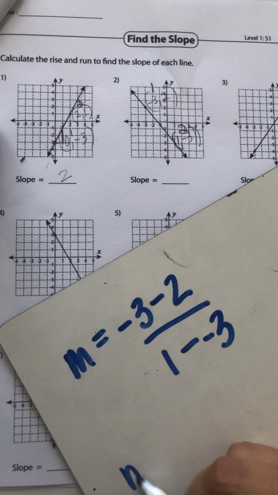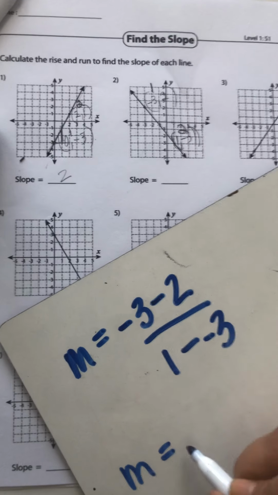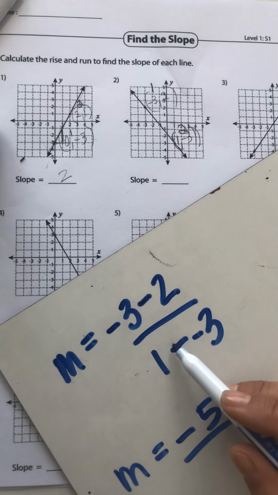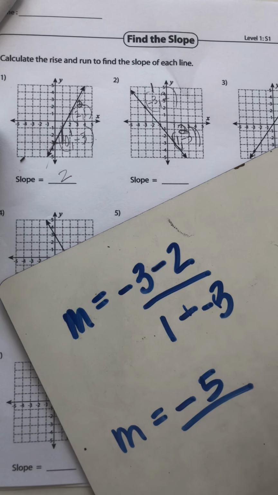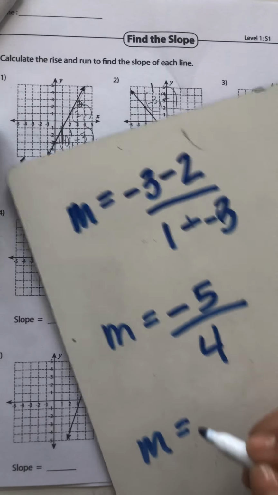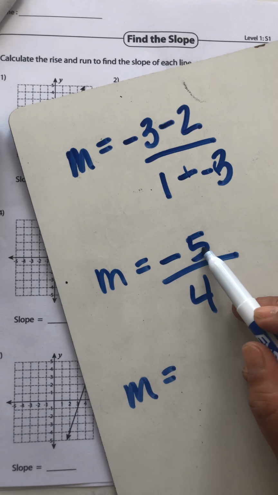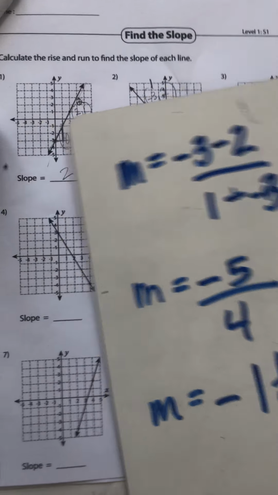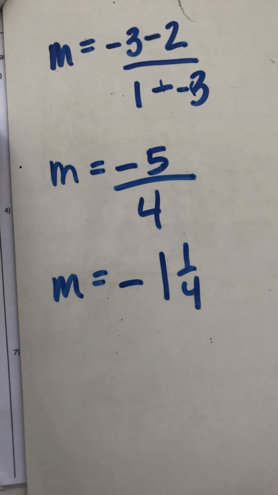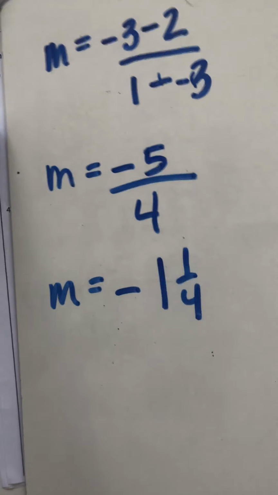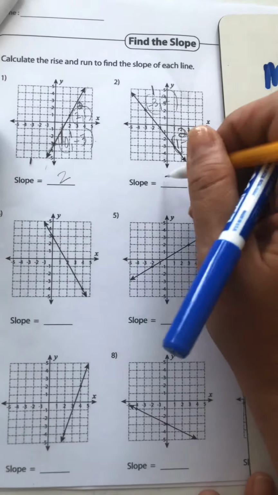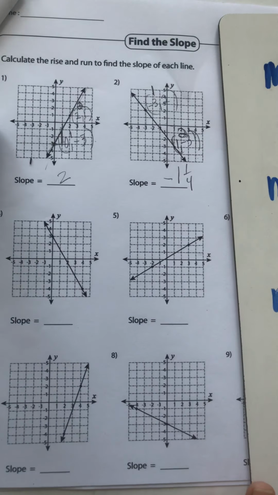So if I solve, m is negative 5 over 4, since two negatives make a positive. And then my slope equals, this is just one negative, so it stays negative, 1 1/4. The reason this ends up negative is because, even just looking at it, you know it's a negative slope. So my answer is negative 1 1/4.